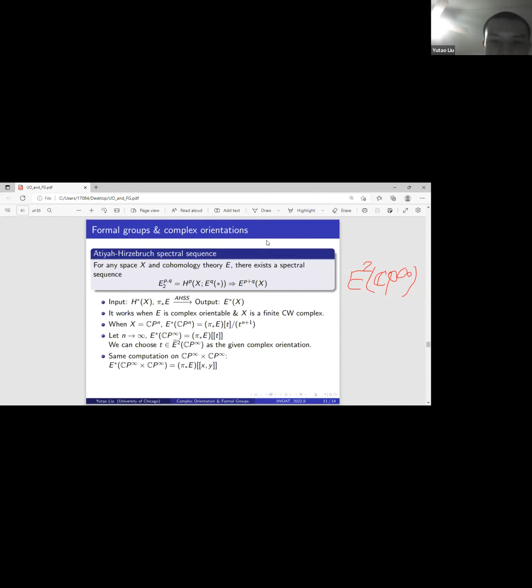Here the two variables x and y, you can choose them to be the image of the given complex orientation by the two projections. We can define the natural product on CP infinity because we can view this as BU1, which is the classifying space of the dimension 1 complex vector bundles.